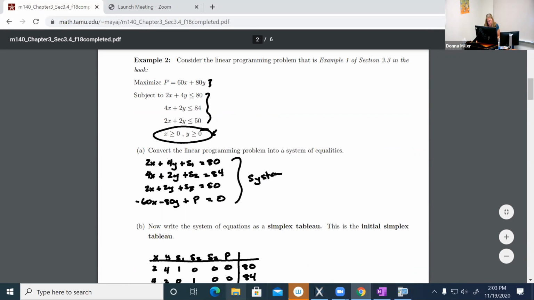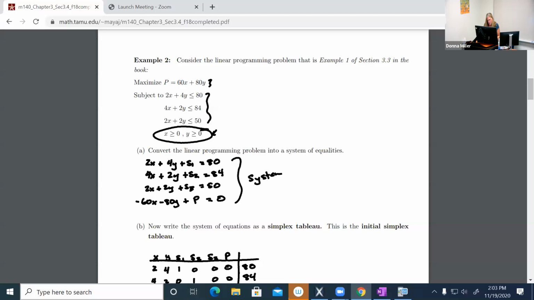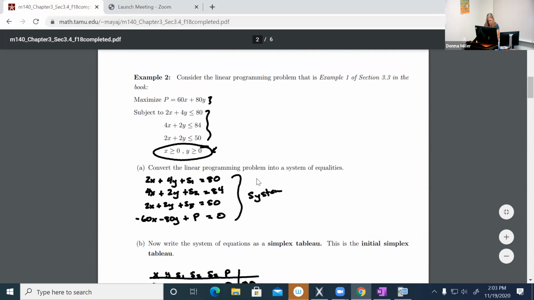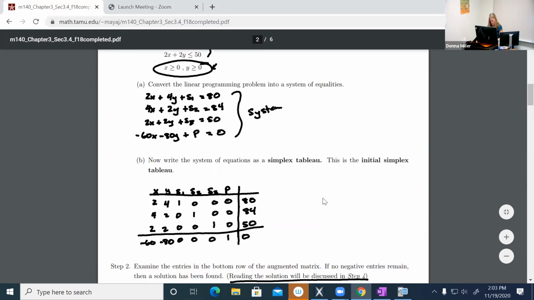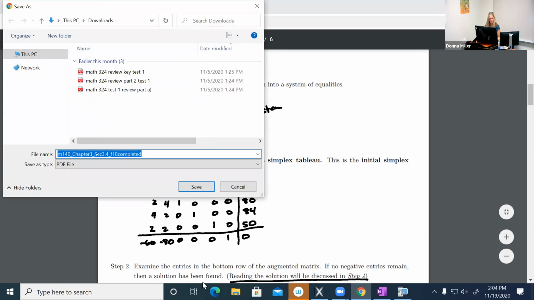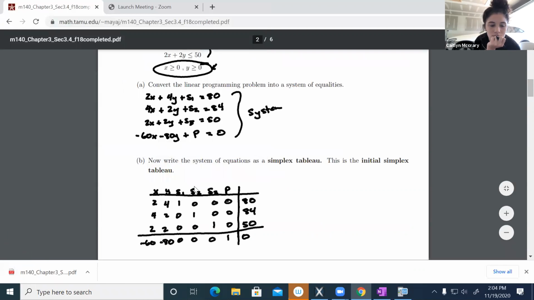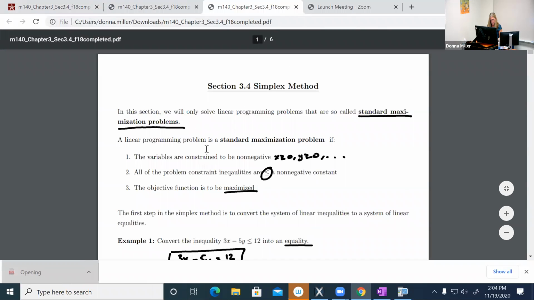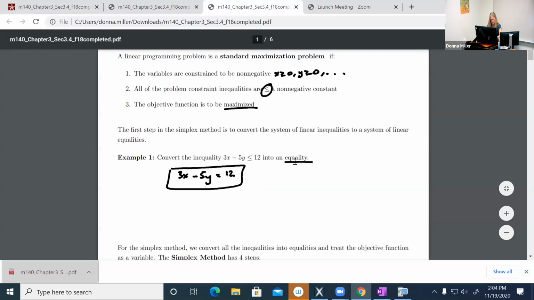Where's my pen? Oh, I don't have simplex with me. I should be able to just write. It's not letting me. Hold on, I gotta figure out how to write on here. What if I just download it? That'll work. Why isn't it letting me write?